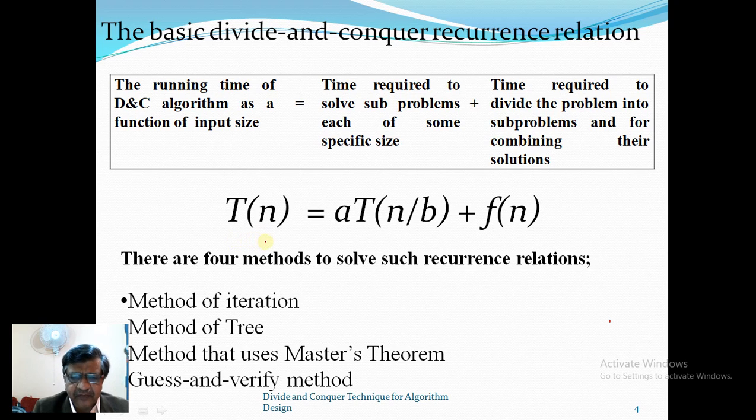The total time consumed by a recursive algorithm developed using the divide and conquer strategy can be written as the time required to solve a subproblems, each of size n by b, plus the time required as a function of n to divide the problem and also to combine the solutions.